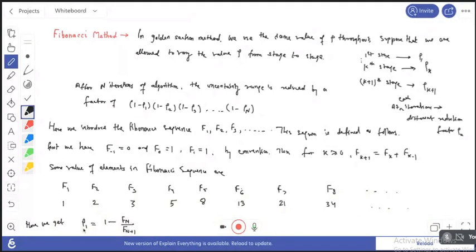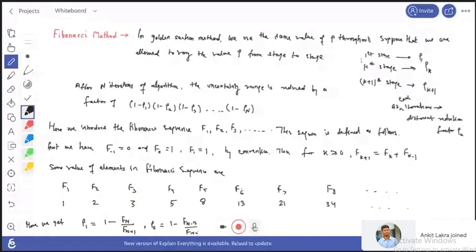What is the value of rho 2? Rho 2 is 1 minus F of n minus 1 over Fn. And what is the value of rho 3? Rho 3 is 1 minus F of n minus 2 over F of n minus 1.